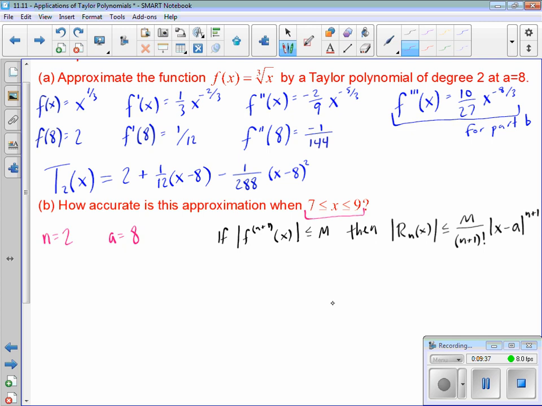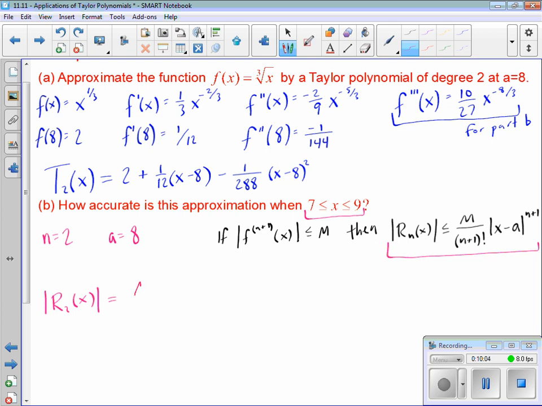Okay, so let's start filling into this part of the rule. So we're just going to fill in the numbers that we know instead of having the letters there. So we have absolute value of R sub 2 of x is, I'm just going to say equal to for the moment. Okay, we'll deal with the less than part later.